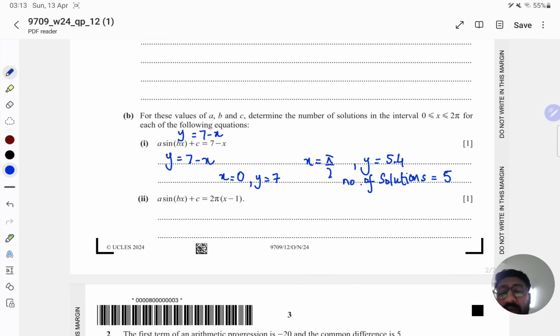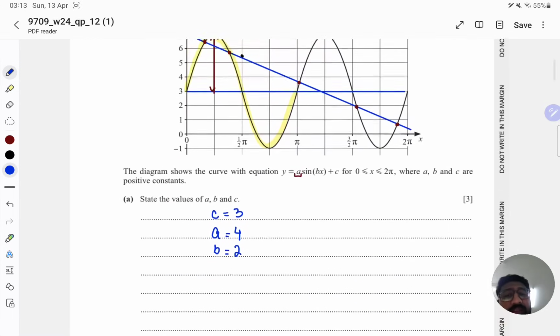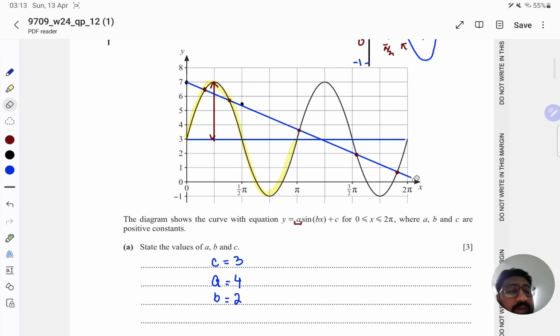For the next one, it is again a new graph, which is y equals 2 pi x minus 1. I have to sketch this one as well. Let me erase the previous one so that it does not create any confusion.